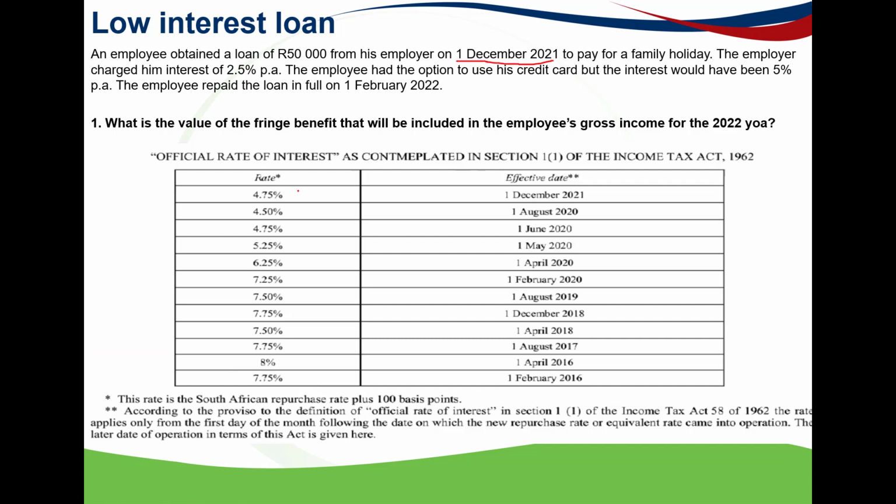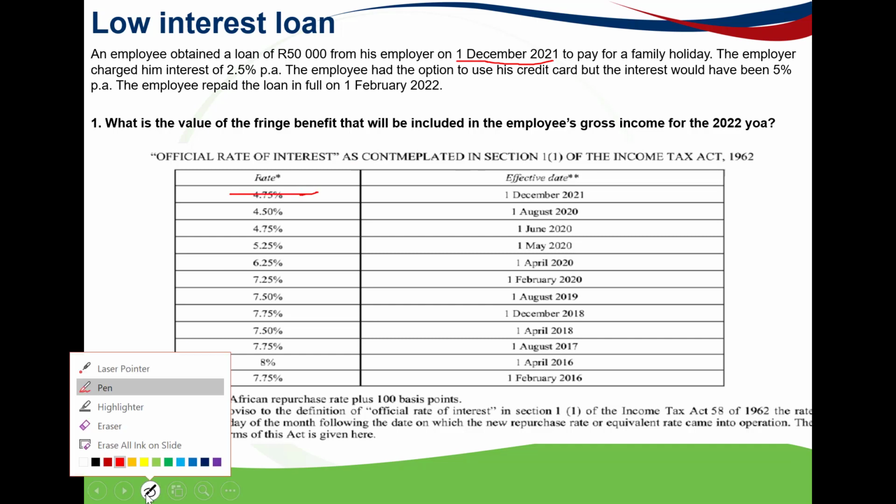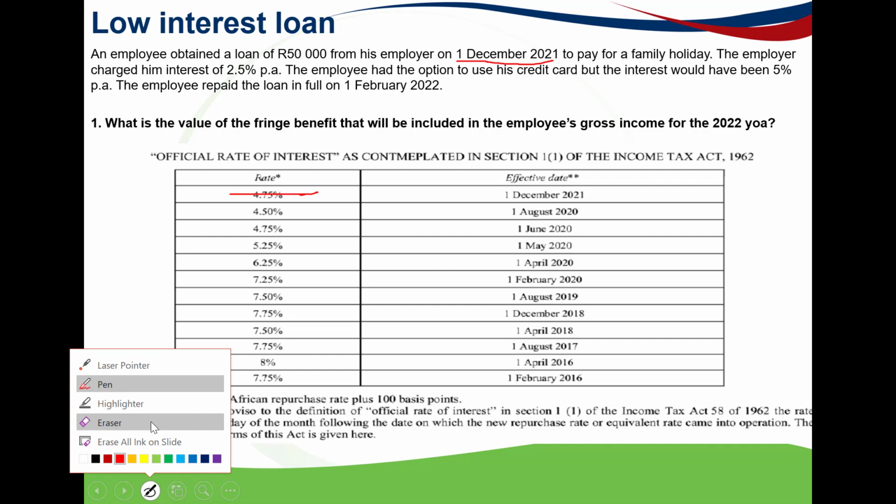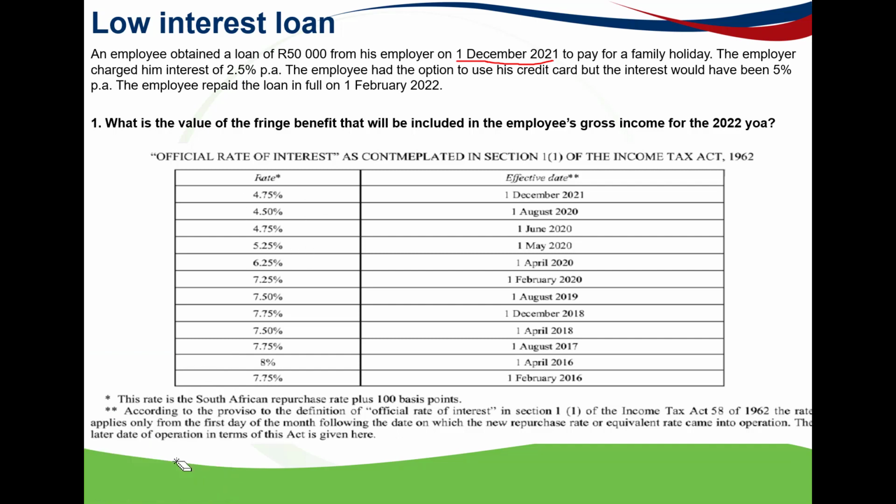And if we look at our table, we will then work with this rate over here, the 4.75%. Once we do that, we will need to compare that and look at the difference between that 4.75% and the 2.5%.